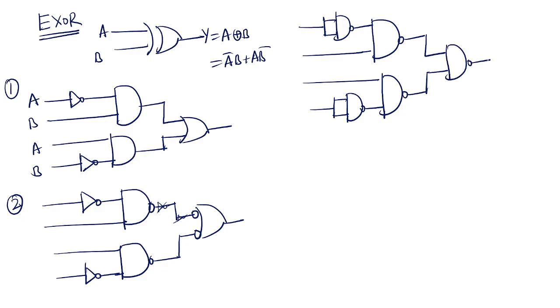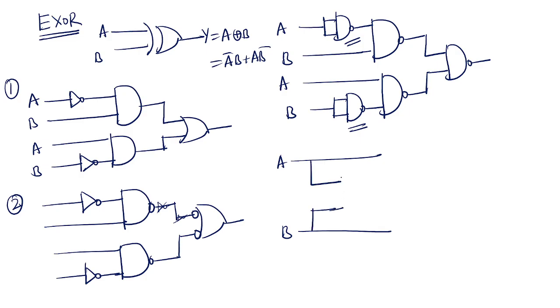So here this is A and B, A and B. I can rearrange and draw the circuit like this. Suppose I combine these two NAND gates and give them to one NAND gate. See here A and here B.